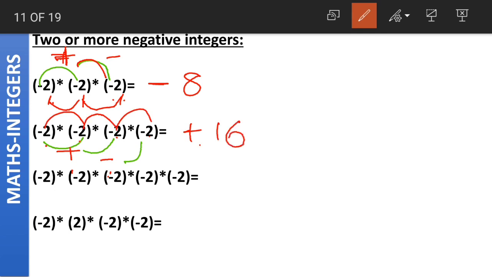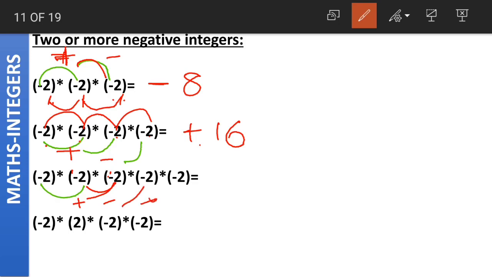Understood class? First we find out the sign of the result and then we multiply the absolute values of the number. Coming to the third example, minus into minus is plus. Again plus into minus gives us minus. Why? Because both the signs are different.